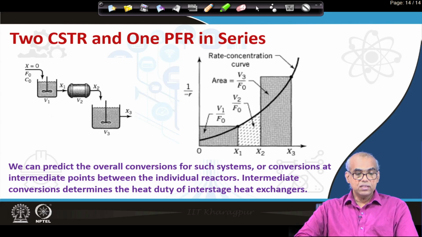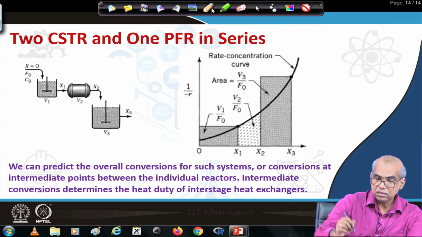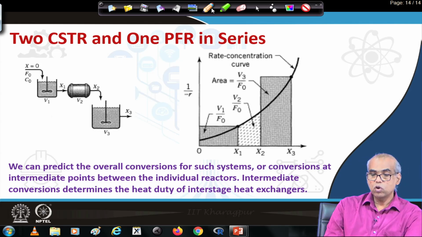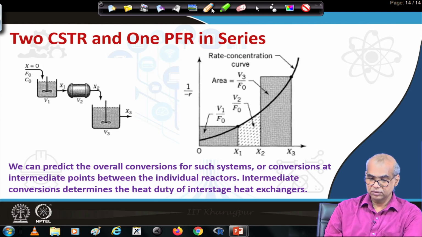What you see in the figure is 2 CSTRs and 1 plug flow reactor, connected in series. So, you can very conveniently find out the overall conversions if you represent the reactors on the Levenspiel plots of reciprocal rate versus conversion.